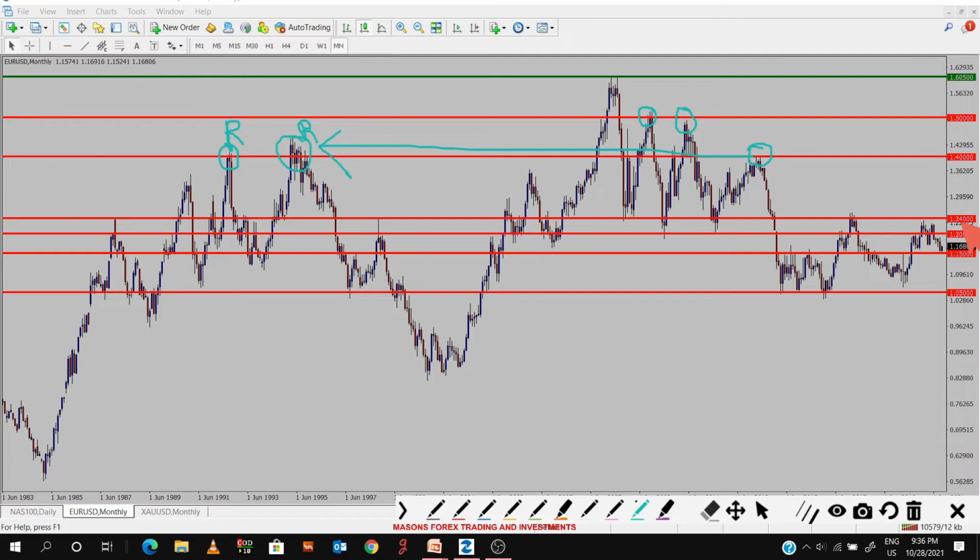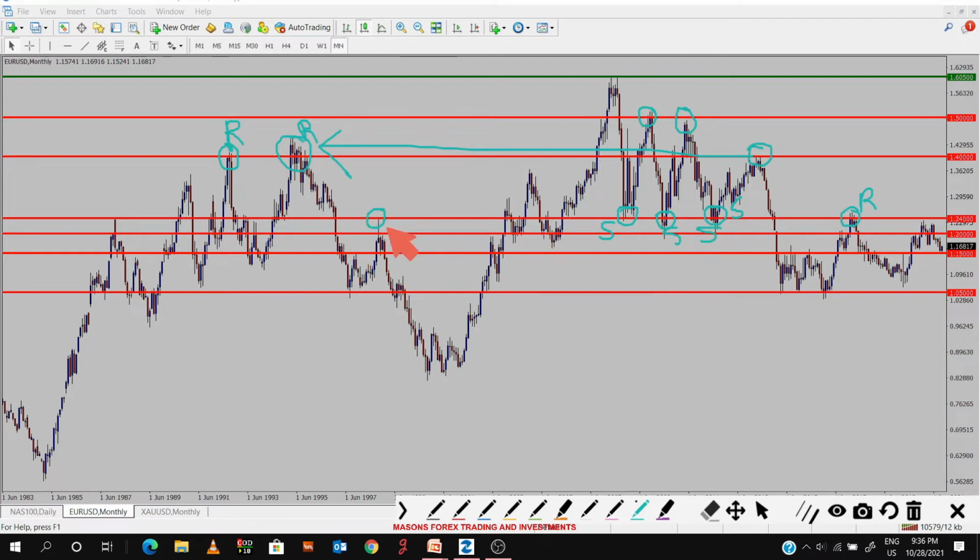Let's look at the 1.24000 level. We have resistance. We've actually had support in the past. So we mentioned support becomes resistance in the future. We've had another support level. Another one right here. S for support, S for support.